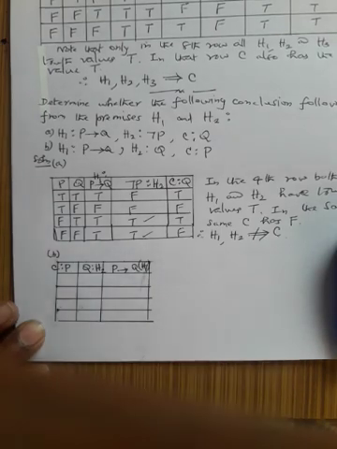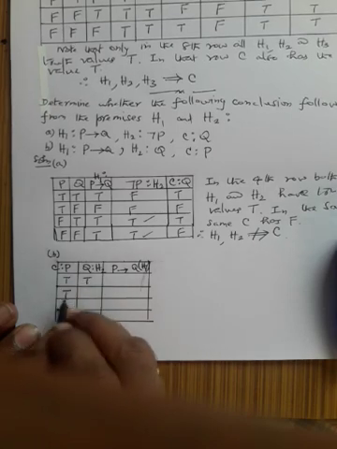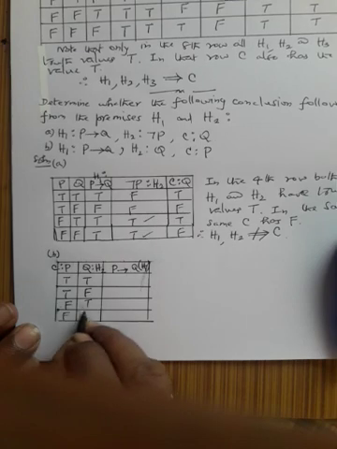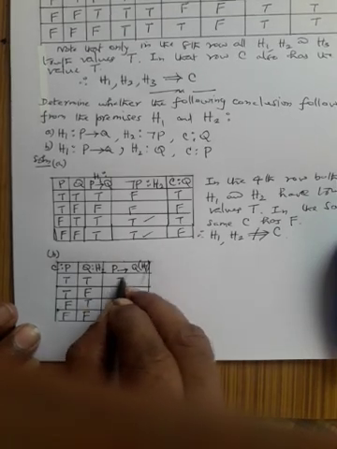So this is T, TF, FT, FF. Conditional only TF is F, the rest of them are all true.